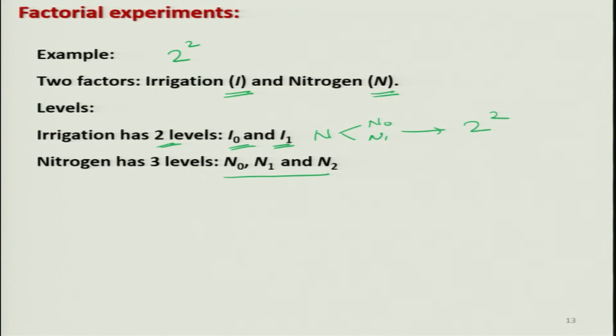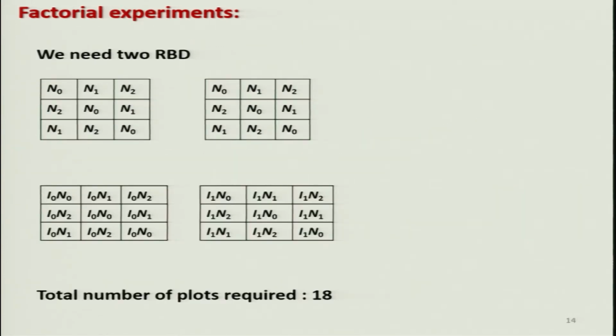Whenever each of the factors has the same number of levels, that is called a symmetrical factorial experiment, or otherwise that is called an asymmetrical factorial experiment, right.